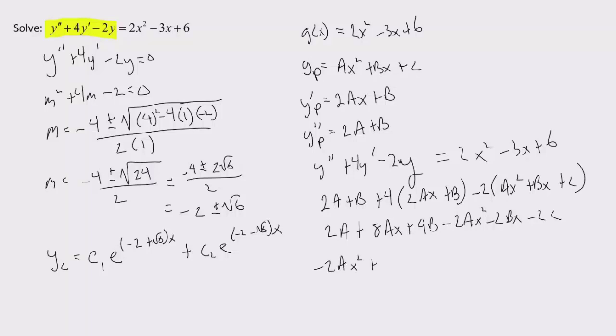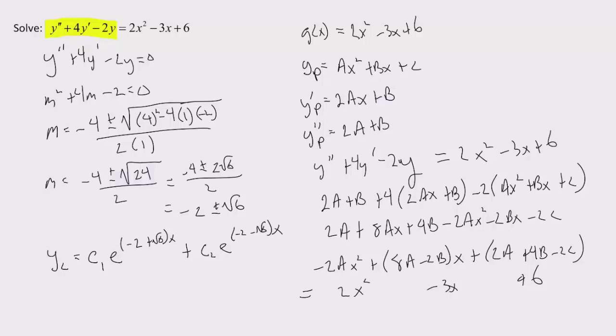And then I have an 8a and a minus 2b in terms of x, so I'm going to group those together: 8a minus 2b times x. And for the constant, I have 2a plus 4b minus 2c. And all of this is going to be equivalent to that 2x squared minus 3x plus 6. You're going to see I'm grouping them up in things that should be connected together, and then going forward, I'm going to use that.